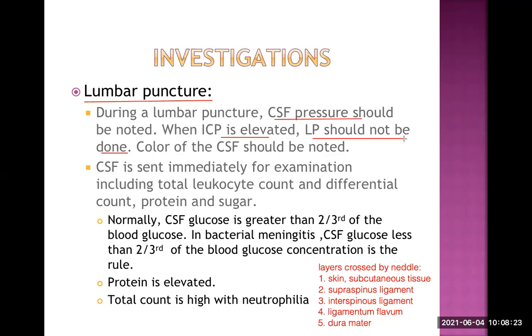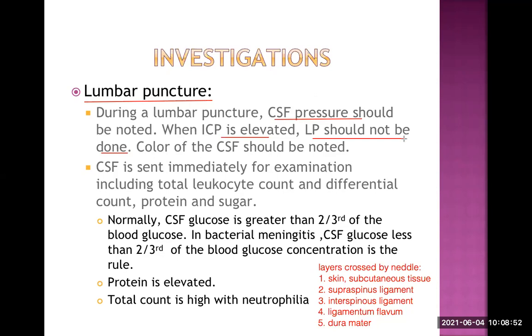In the pediatric age group, it is relatively safe, especially in a small baby, because they still have separated sutures which are not fused. They still have an open anterior fontanelle, so there is no chance of herniation of the brain because pressure is dissipated out from the skull. But after the fusion of those things, after the closure of the fontanelle, in adults and bigger children, there is always a risk.